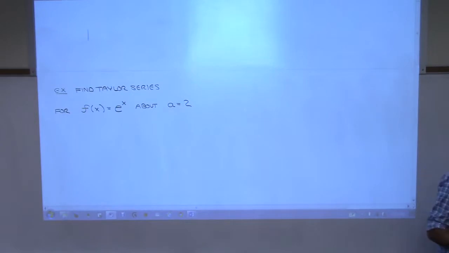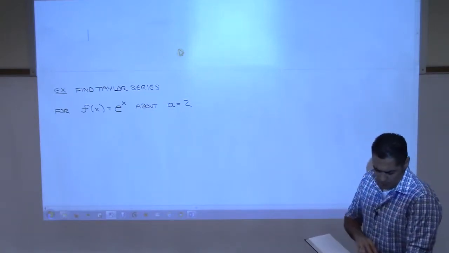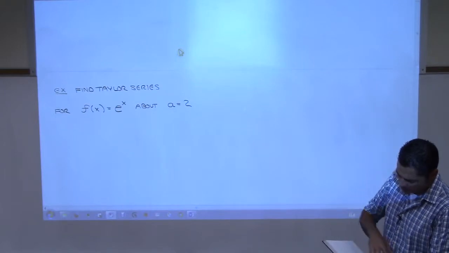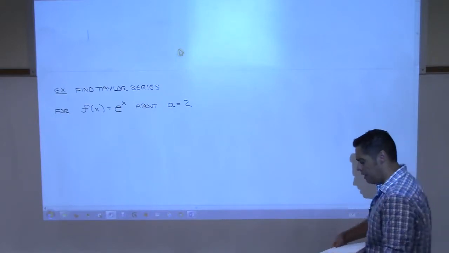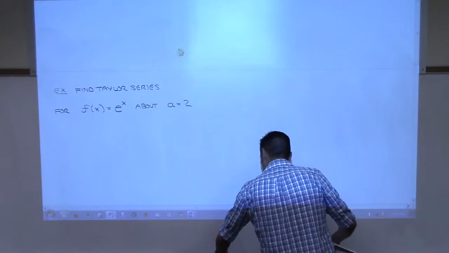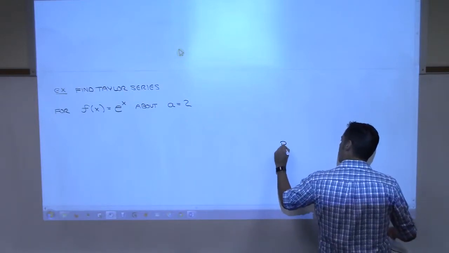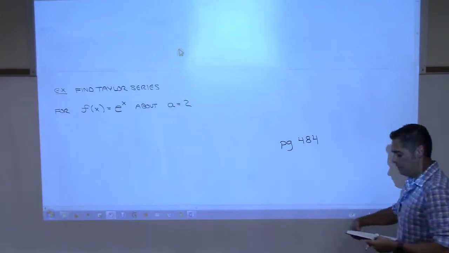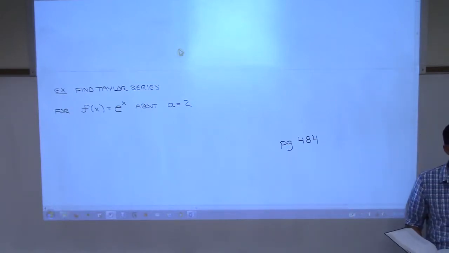We were talking last class about Taylor and Maclaurin Series, and I wanted to mention that there is a page in the book, page 484, with a list of the common Maclaurin series.